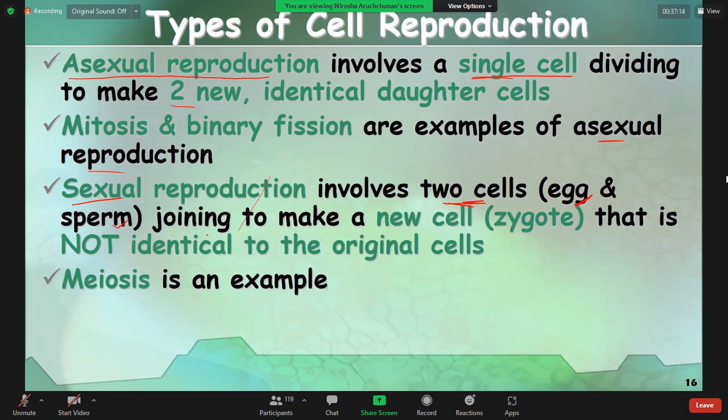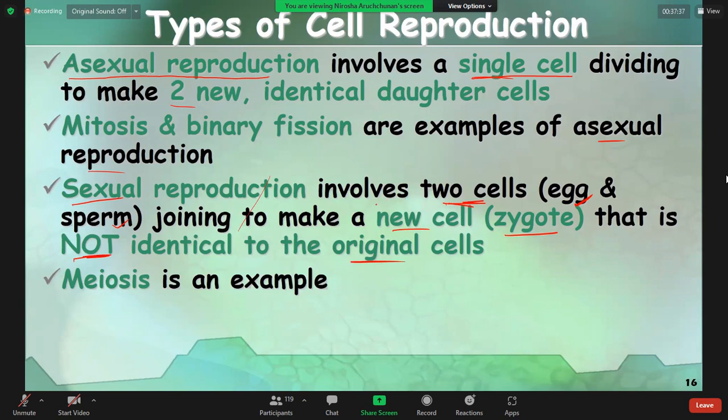Those two cells join to make a new cell. That newly forming cell is known as a zygote, right? It is not identical to the original, that means to the parents, right?